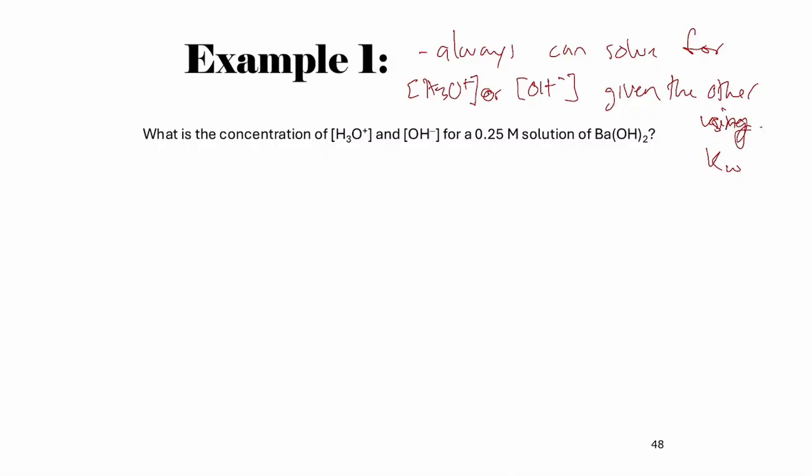So if you're given H3O plus or OH minus, then you can use KW to solve for what the other concentration is going to be.